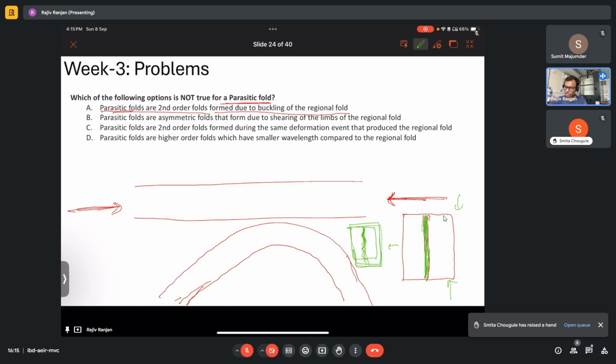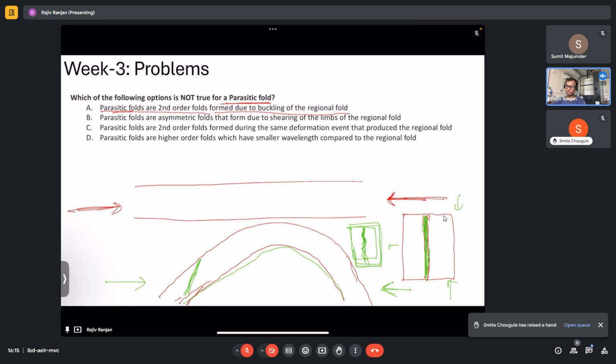Similarly, what happens here is that due to this shearing, or due to these stress conditions, it forms a larger fold. But because of some inhomogeneity in the layers, if there are very thin layers corresponding to this thicker layer, they will also start getting folded.